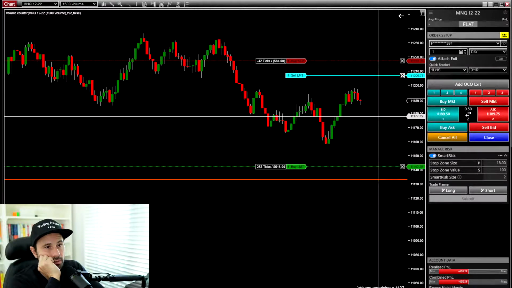I wanted to hold and to fill me in right there. There we go. I don't want this to go down and then fill me in. Tick chart again, bouncing from the 0 line.